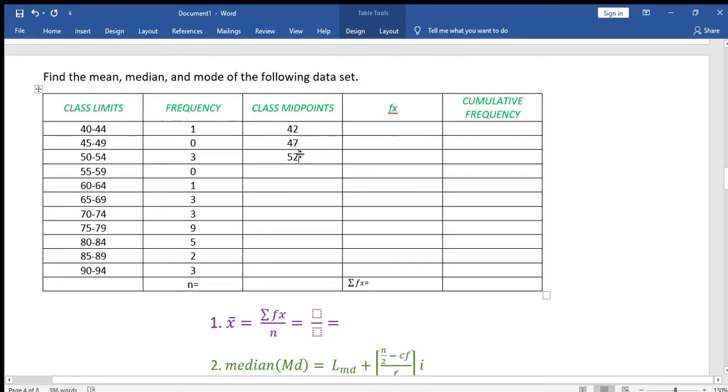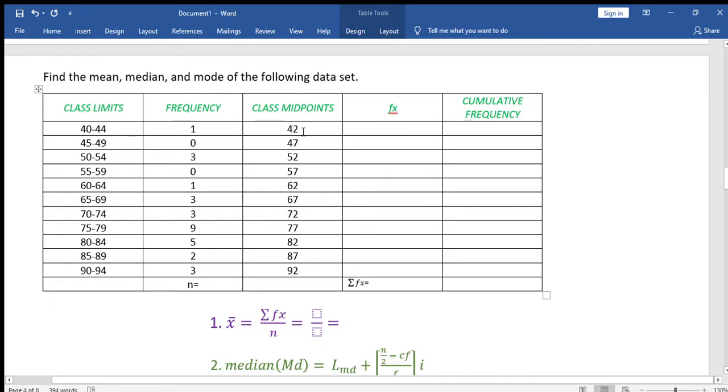To find the succeeding class midpoints, just add 5, because that is the class width of the given class limits. So here we have 57, 62, 67, 72, 77, 82, 87, and 92. That's the shortcut in determining the class midpoint.